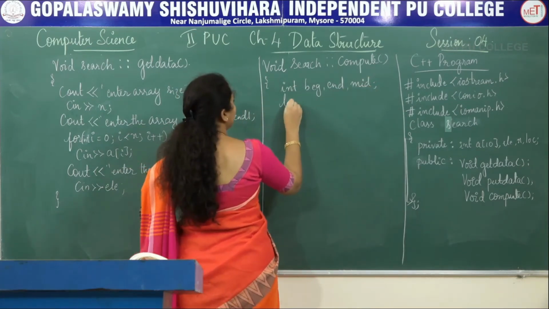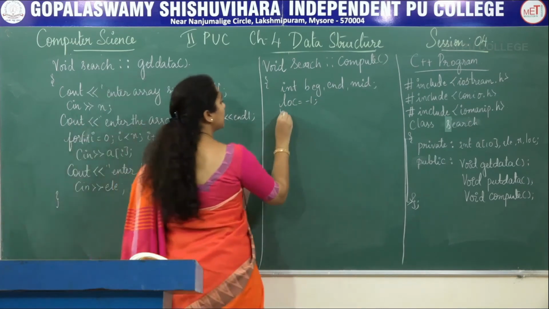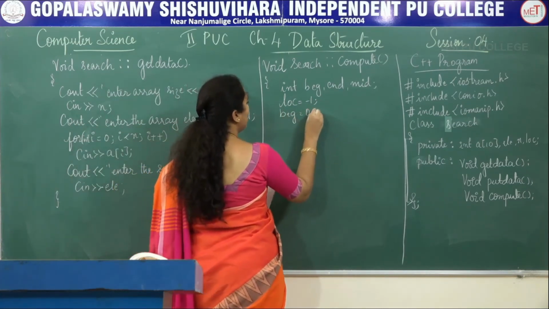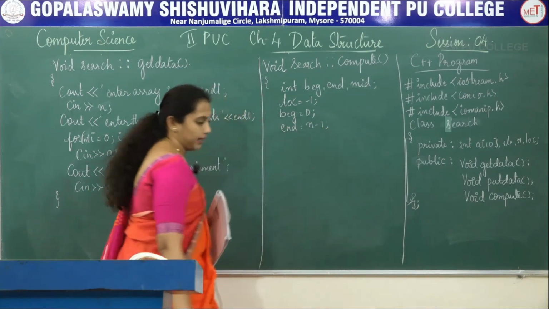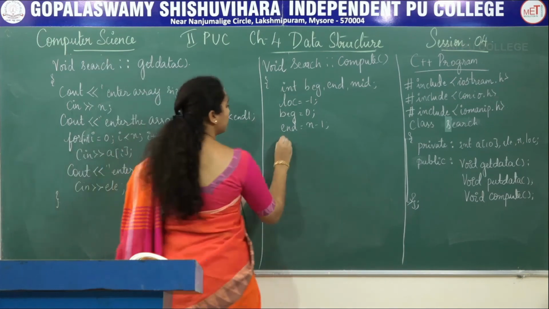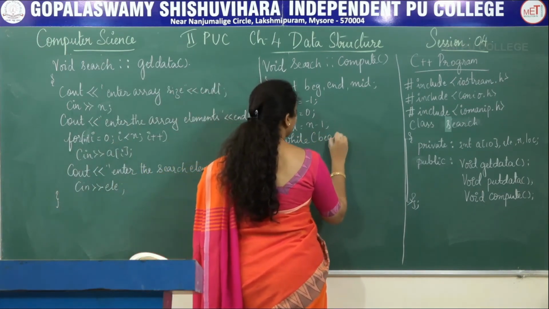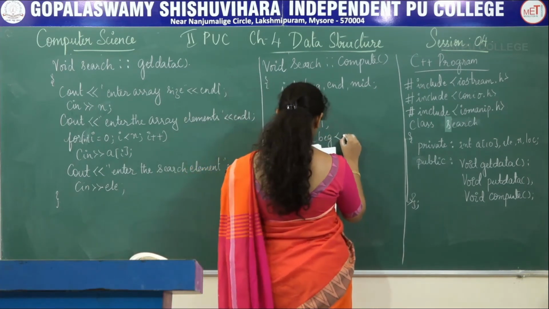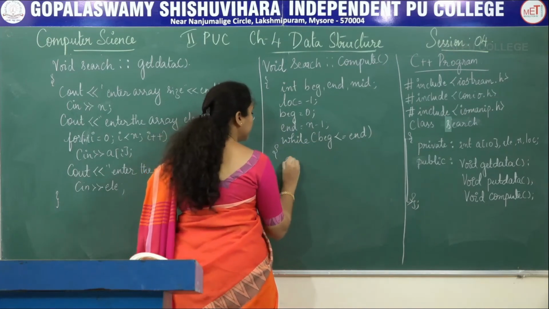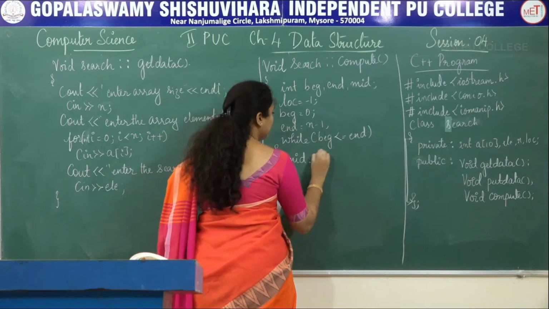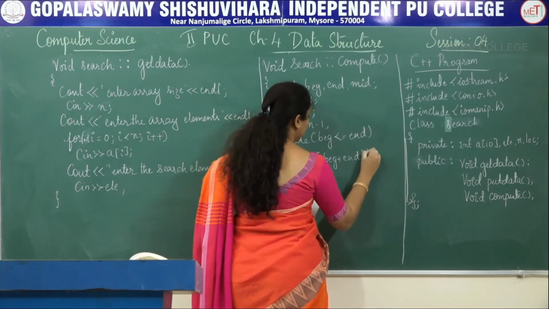Next, set location is equal to -1, beginning is equal to 0, end is equal to n minus 1. While beginning is less than or equal to end, we have to find the middle element. Mid is equal to beginning plus end by 2.